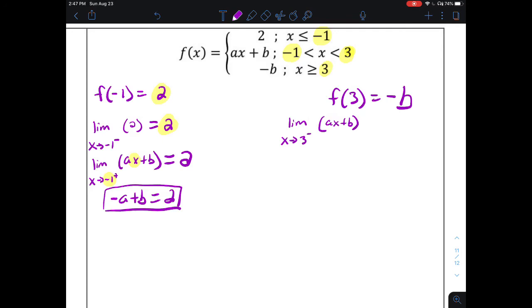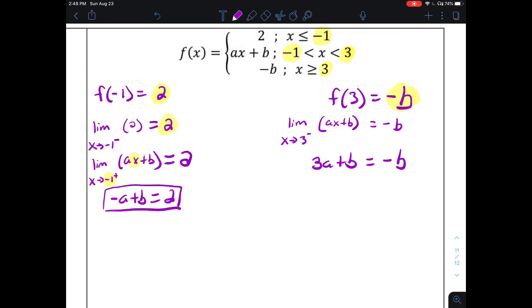That limit has to equal what it's defined as being, -b. So I'm going to set that equal to -b, and put 3 in for x, which gives me 3a plus b is equal to -b.